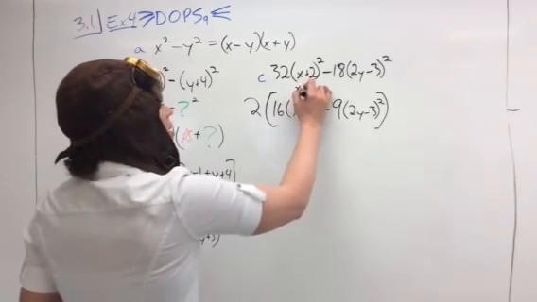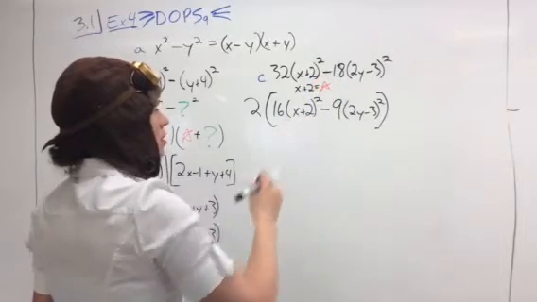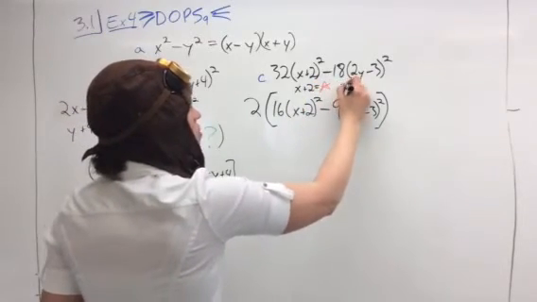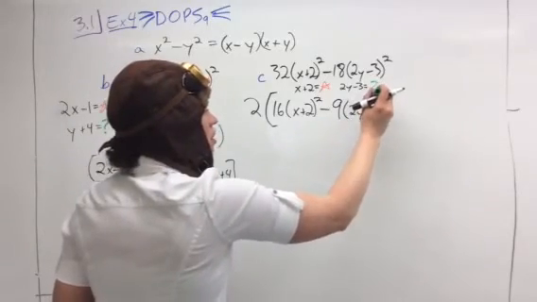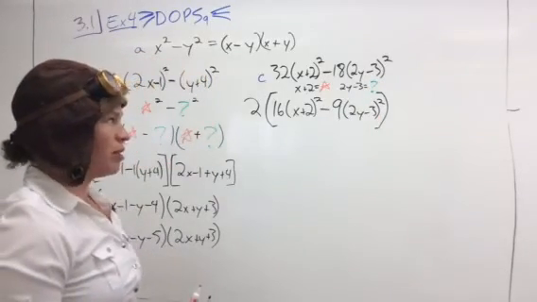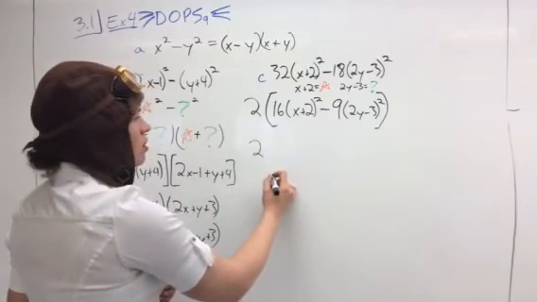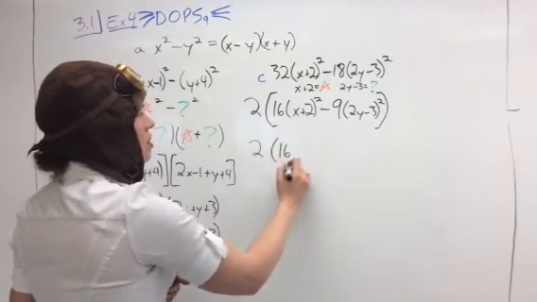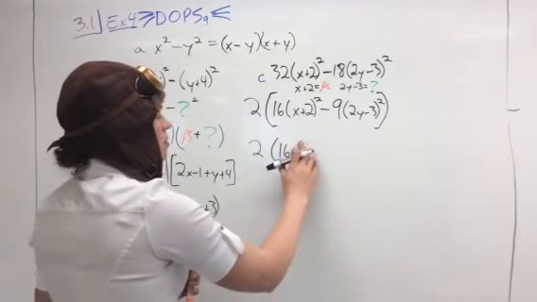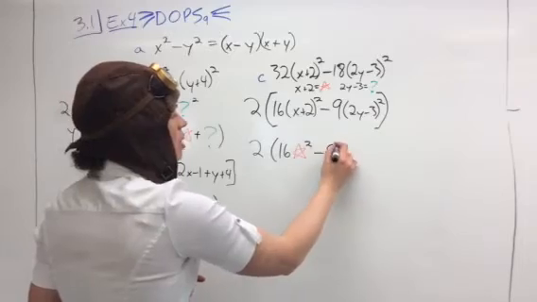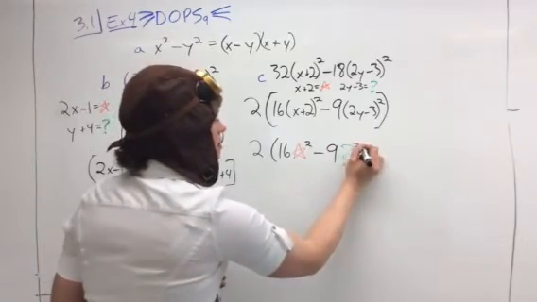I'm going to write that x plus 2 is now equal to an orange star, and that 2y minus 3 is going to be equal to the green question mark. I'm going to rewrite this knowing that. I've got the 2 on the outside. Now it's just 16 star squared minus 9 question mark squared.